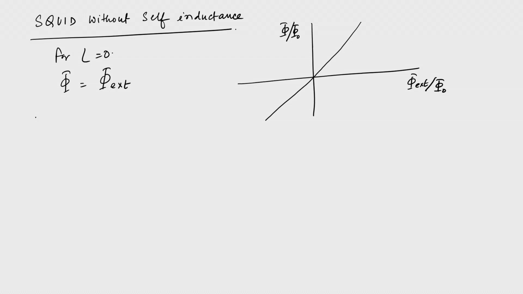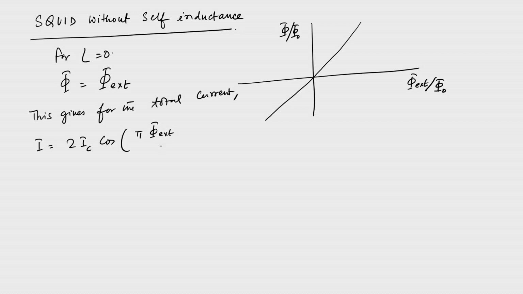Which gives for the total current I equal to twice I c cosine of pi phi external divided by phi 0 and sine of phi 1 plus pi phi external by phi 0.